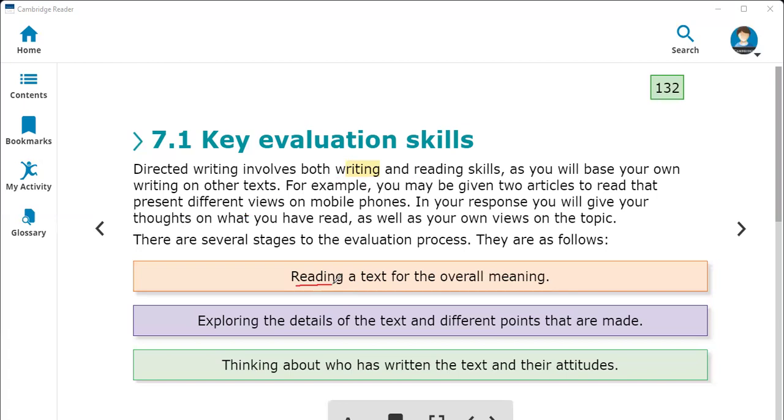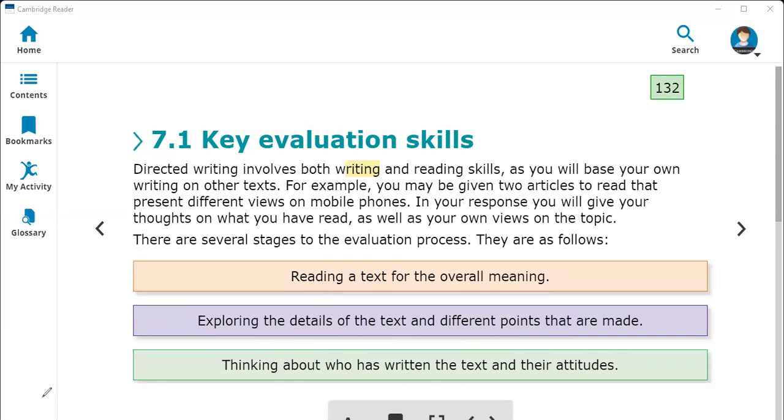You have to see carefully what viewpoint is given in the text. You have to explore the details of the text and the different points. You may jot them down the way I have just told you. Then you have to think about who has written the text, who the author is, and how much you value this person's authority.